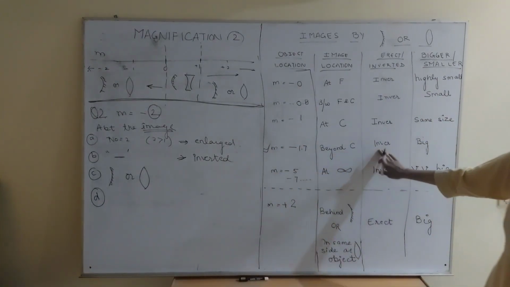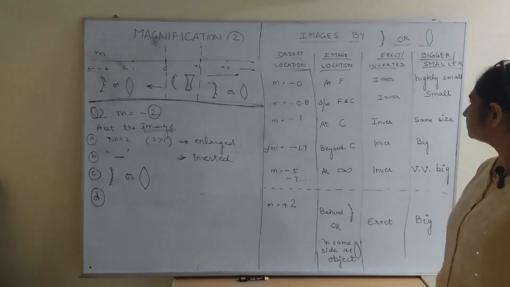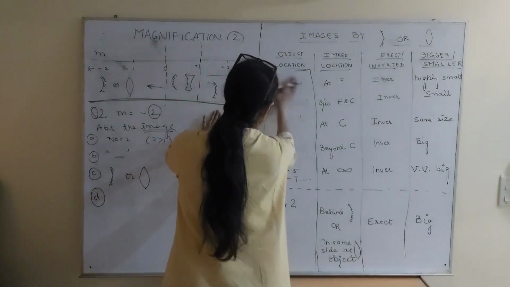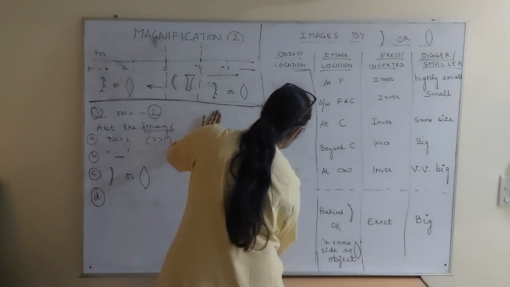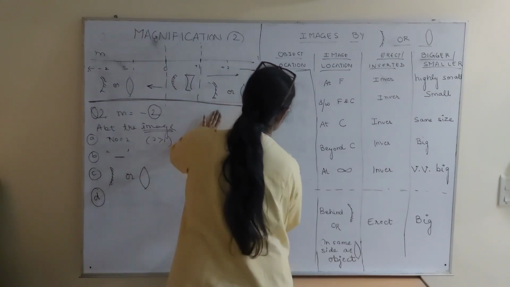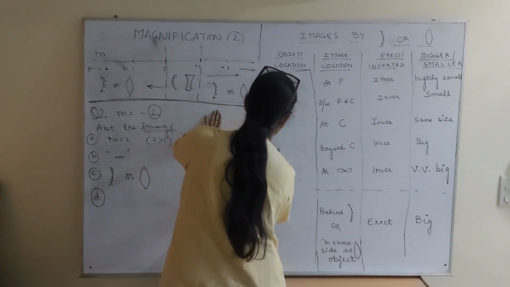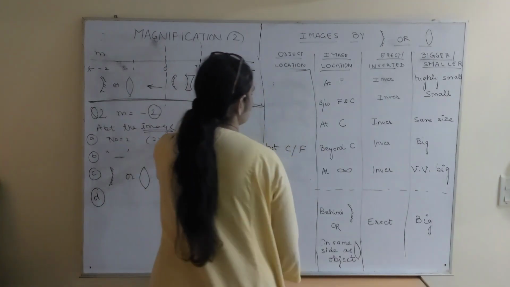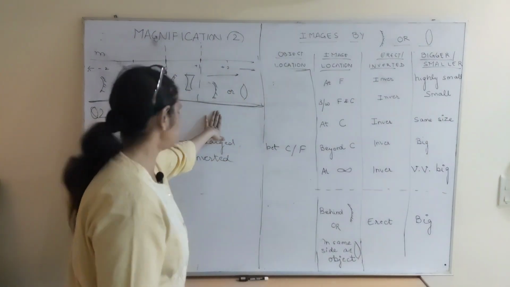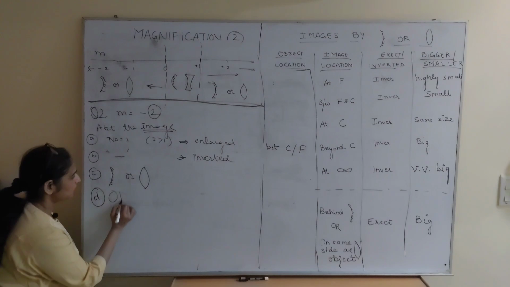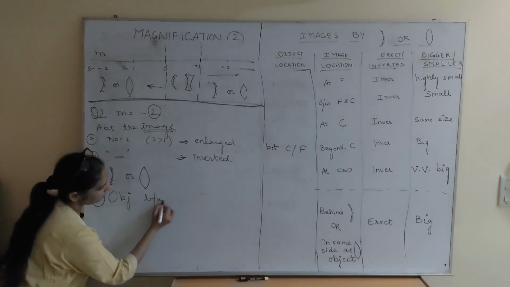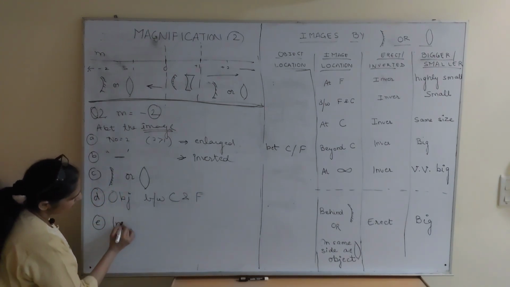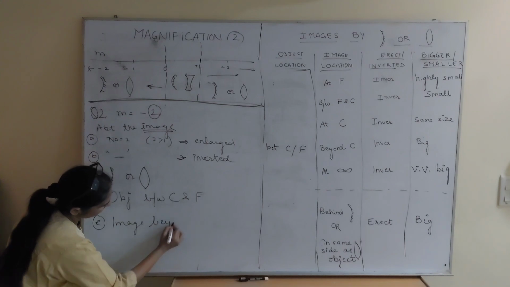The object is beyond C. The object is between C and F, and the image is beyond C. Okay, so here we can say that the object is between C and F, and the image is beyond C.